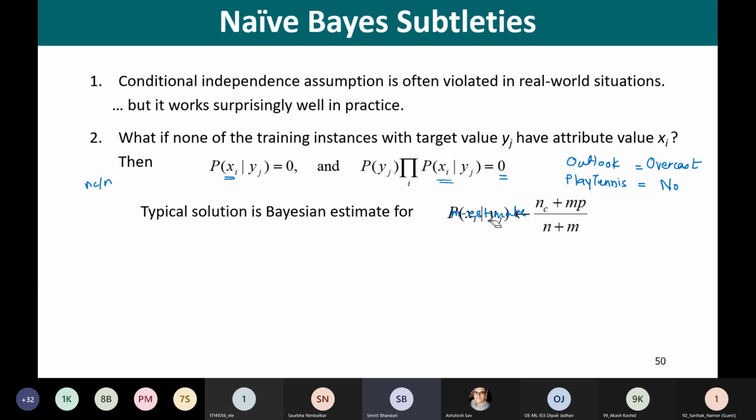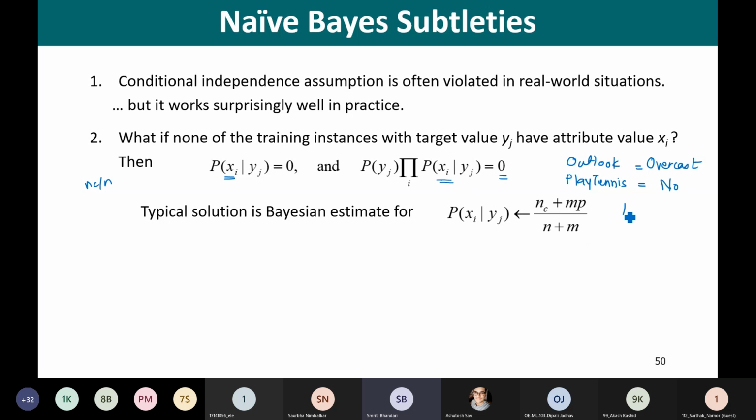See here, this M estimate assumes that the probability of xi given yj is assigned this value nc plus mp divided by n plus m.